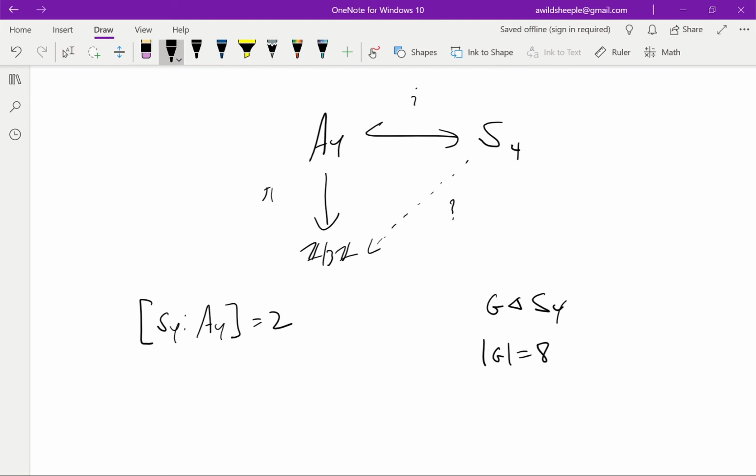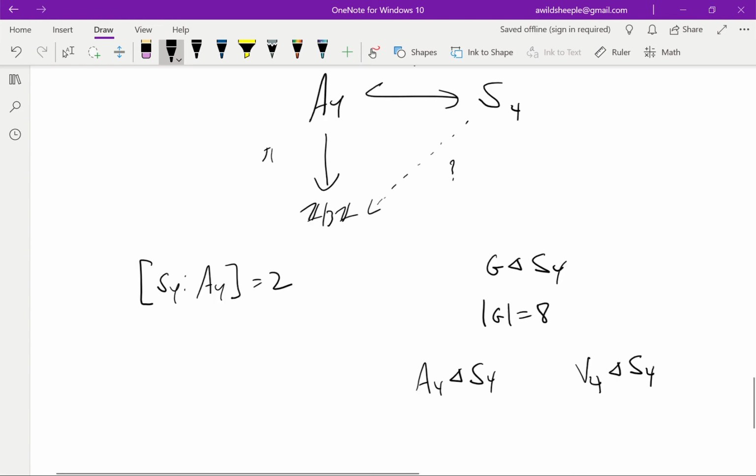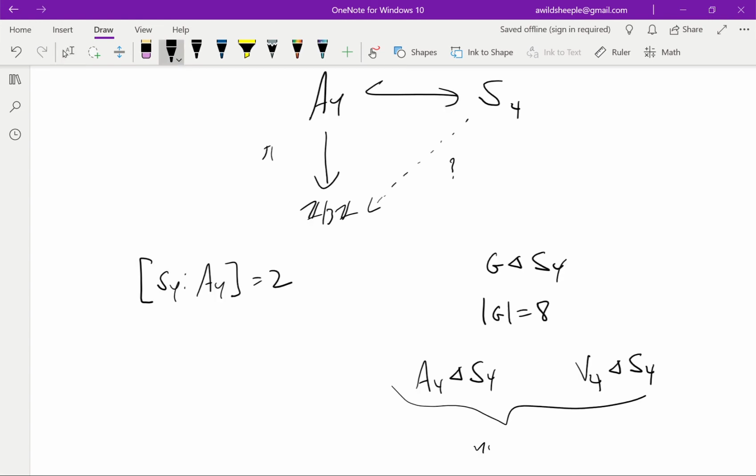What are the normal subgroups of S4? Well, there's A4, and then there's also V4. The same copy of V4 also lives in S4, and it's also normal. But that's actually it. This is an exhaustive list of all the normal subgroups. At least, if that's not true, then I'll have to give back my degree. So someone will have to call Stony Brook. Okay, so anyway, the point is that neither of these have order 8. And so it's not possible to find this extension.